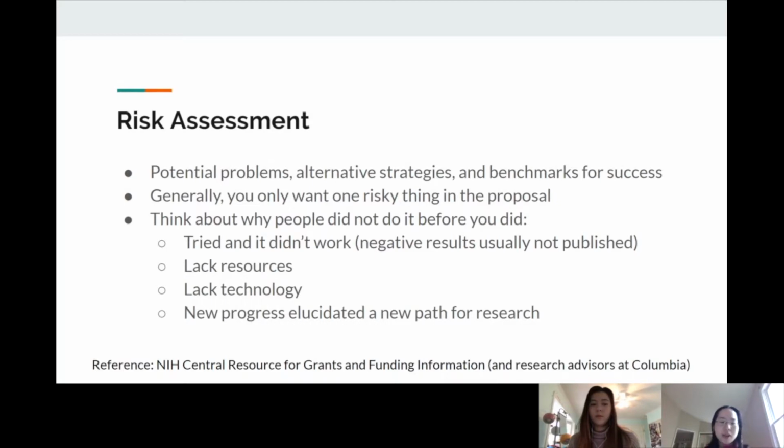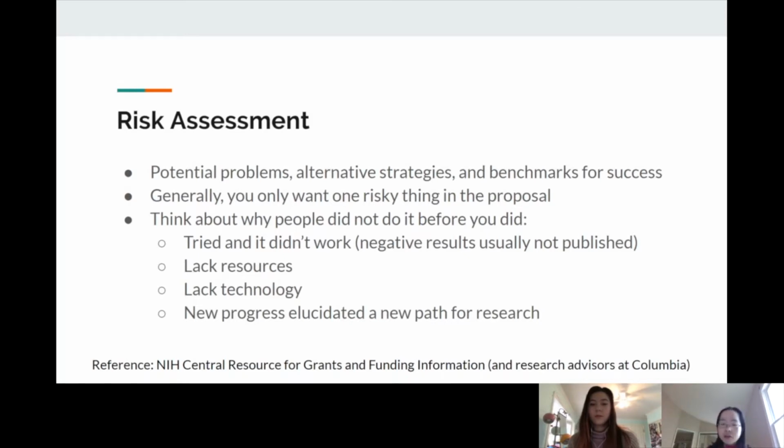The second possibility is that you lack resources. Like the person who thought of it just didn't have the money or the people or the equipment to do it at the time. And that is kind of similar to the third point, but the third point focuses on lacking technology. This is that the technology that is needed to make this project a success had not been developed yet, and that's why people didn't do it yet.